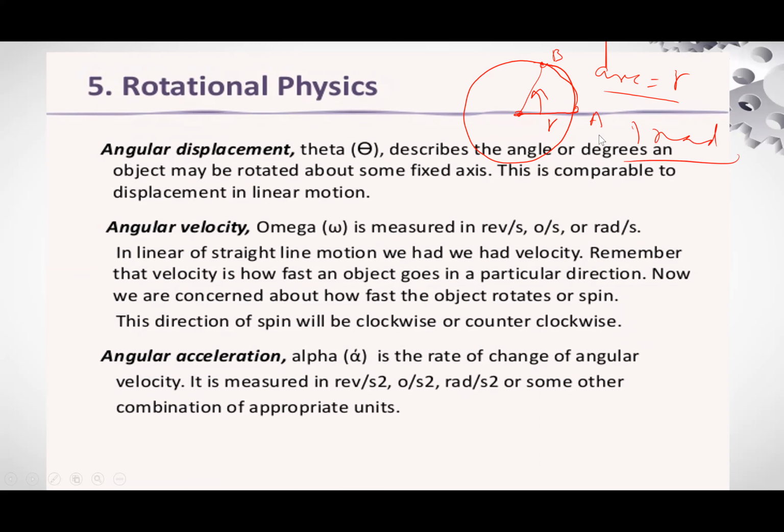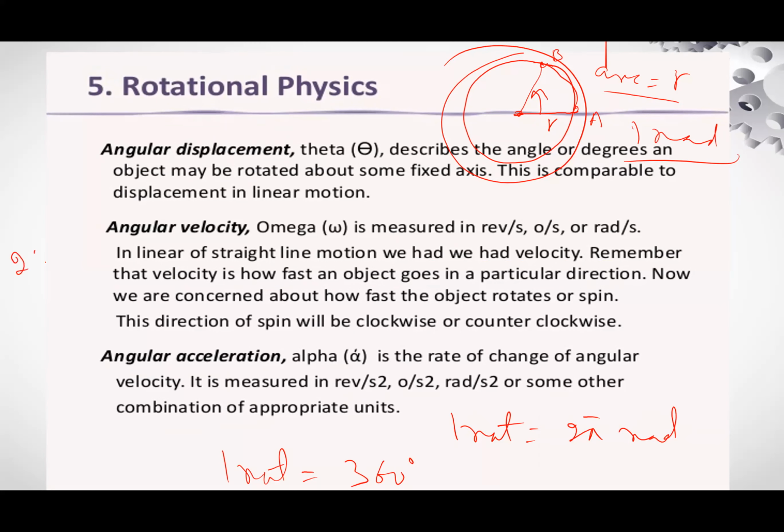1 radian. Now, one complete rotation has 2 pi radians, and one complete rotation has 360 degrees.